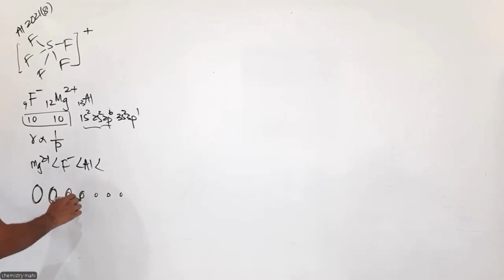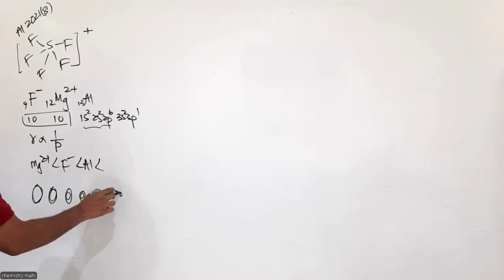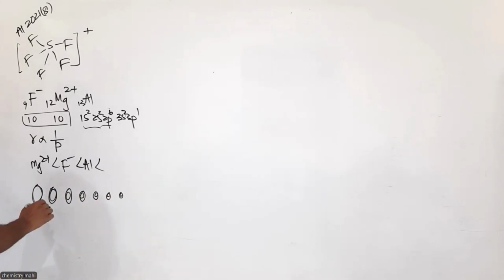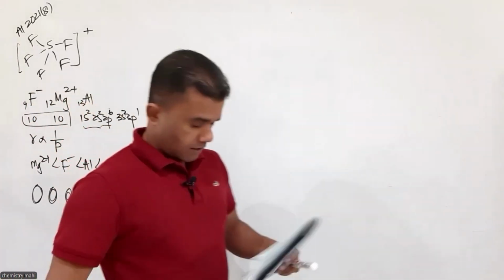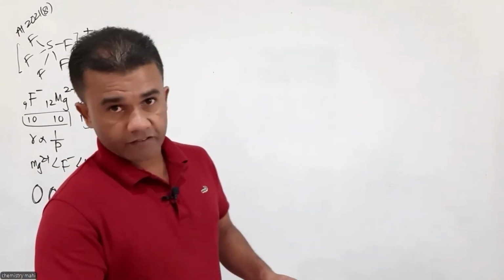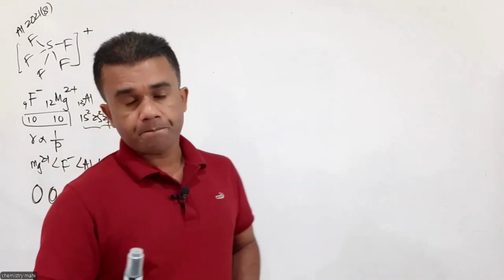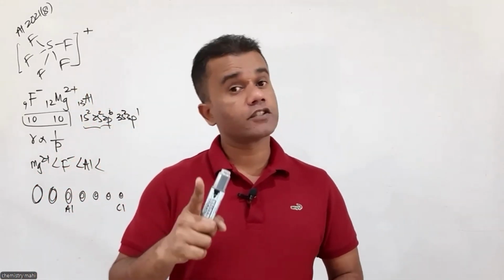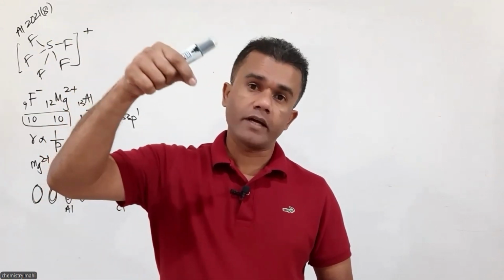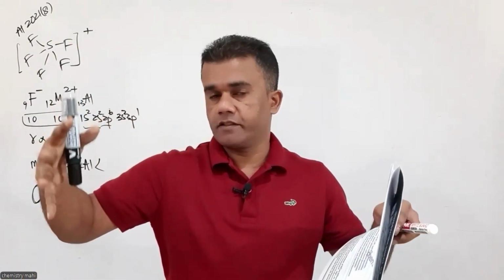These are not exact sizes, sorry, but what I'm showing is that from sodium, magnesium, aluminium to chlorine, the size decreases. Atomic radius decreases. But it's not Cl, it's Cl minus. Cl minus means a negative anion. Again, I told you, once you add an electron to an atom, the size of the electron cloud increases.